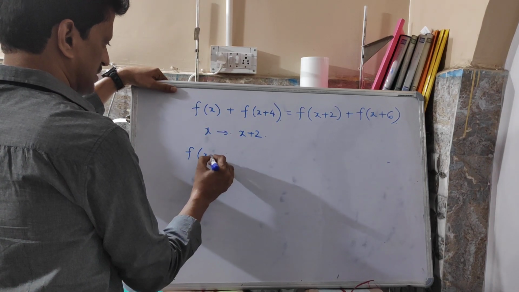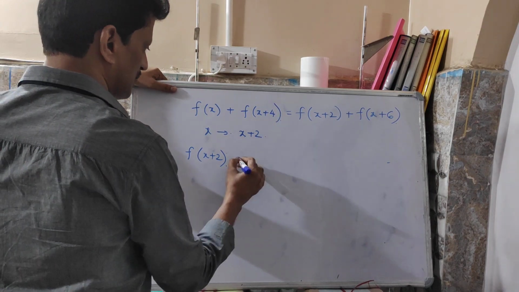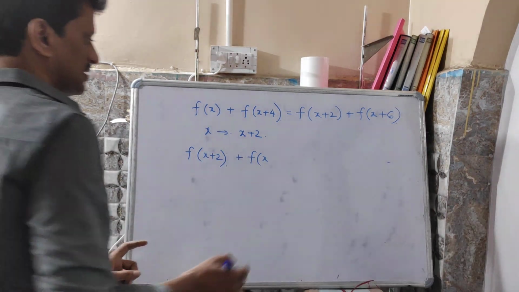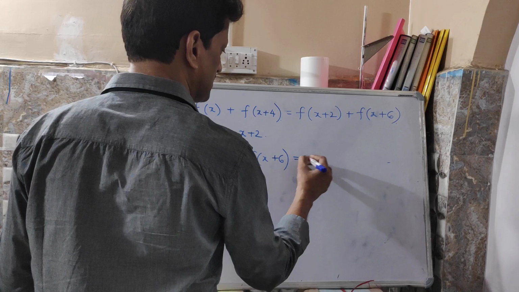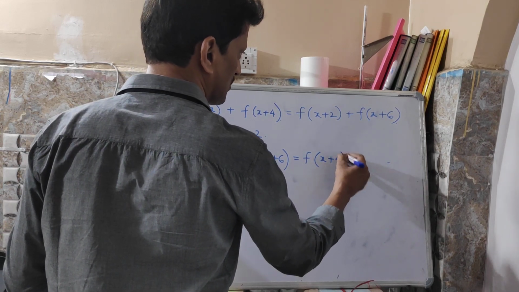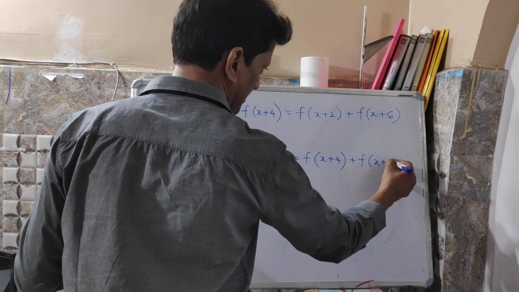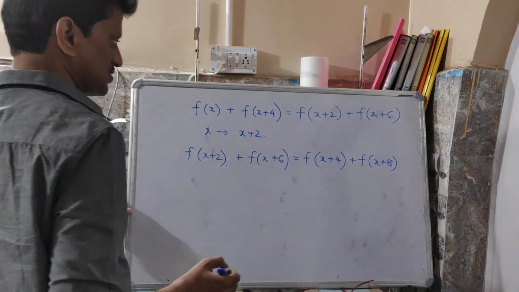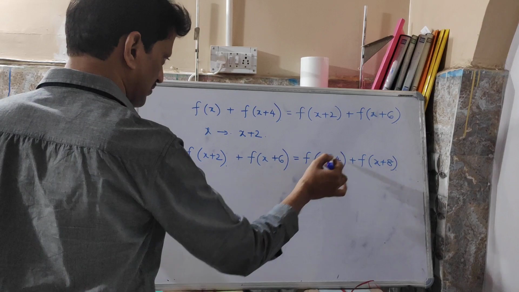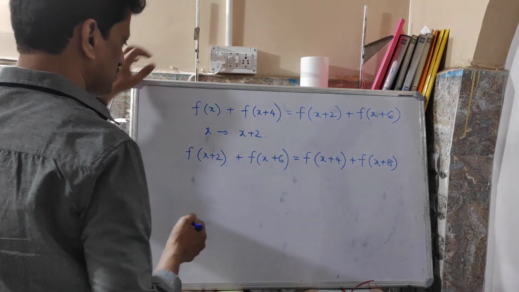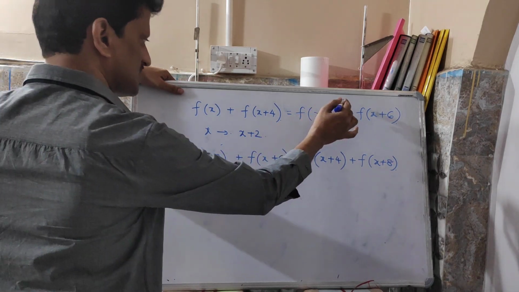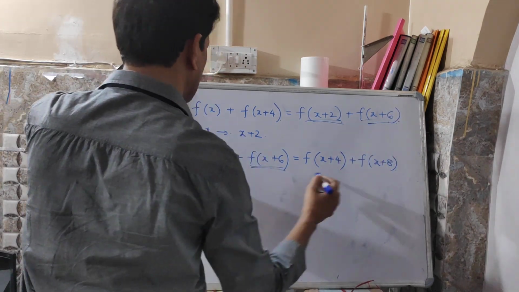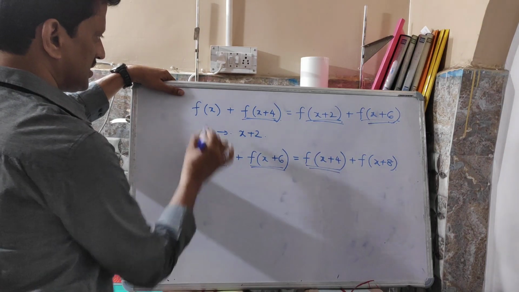F of x plus 2 and x plus 2 plus 4, f of x plus 6. क्या किया मैंने? x की जगह में x plus 2 रिप्लेस किया, so ये x plus 6 हो जाएगा. इधर ही क्या होगा? x plus 4 and plus f of x plus 8. देख लो अभी इधर ही f of x plus 6, इधर ही f of x plus 6 कैंसिल हो जाएगा and f of x plus 4, इधर ही f of x plus 4 कैंसिल हो जाएगा. बचेगा क्या हमको? and f of x plus 2 भी कैंसिल हो जाएगा. So बचेगा क्या? इधर ही f of x.